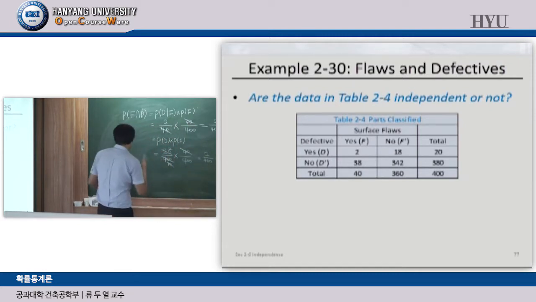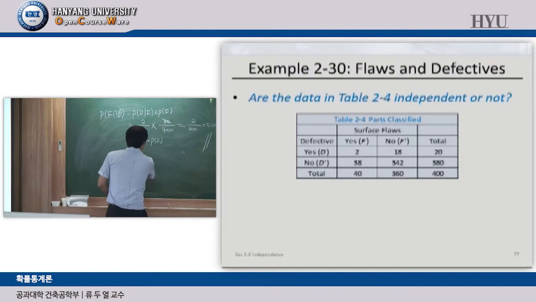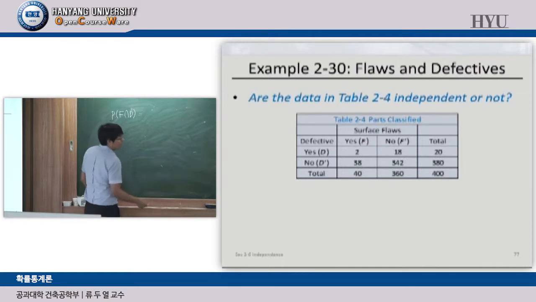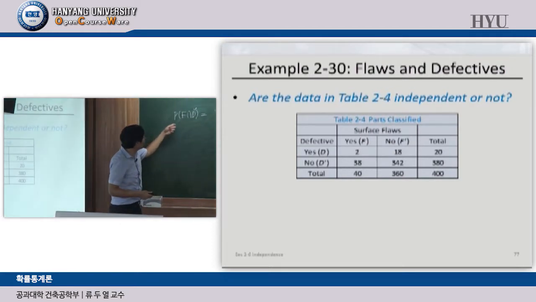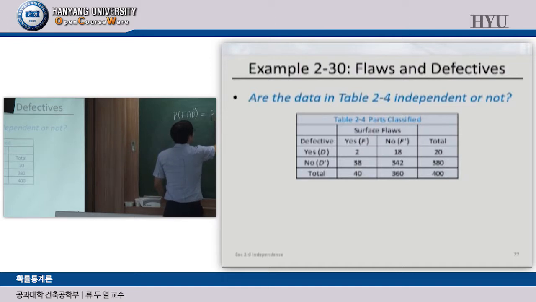And we're going to have one another example. What about this case? The probability of the intersection of F and the complement of D. And this will be the conditional probability of the complement of D given F multiplied by the probability of F, right?